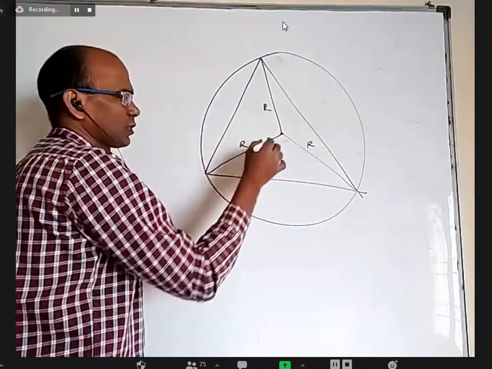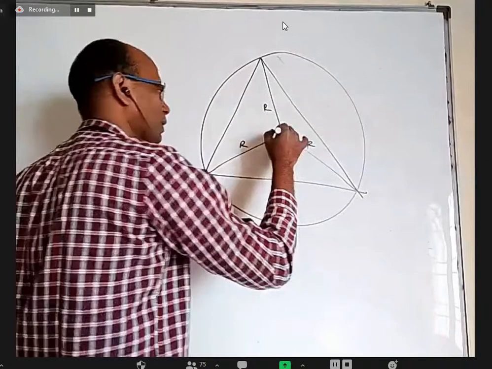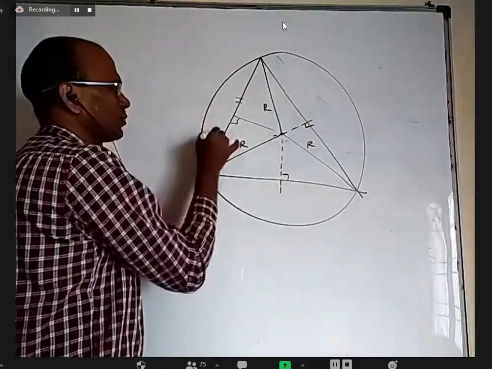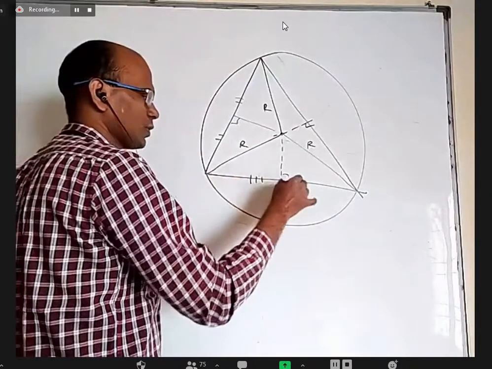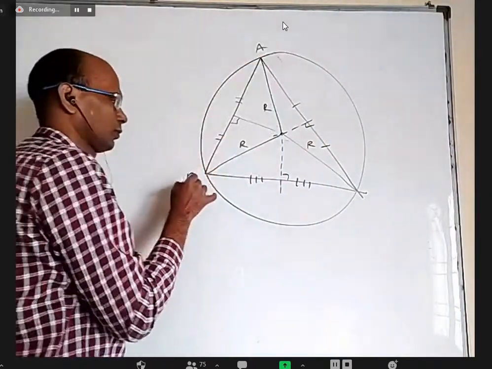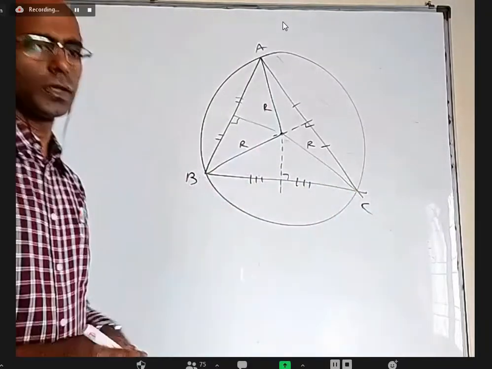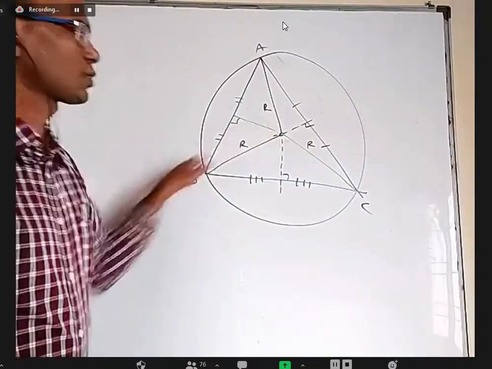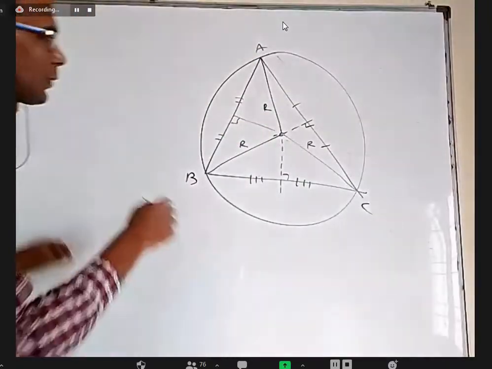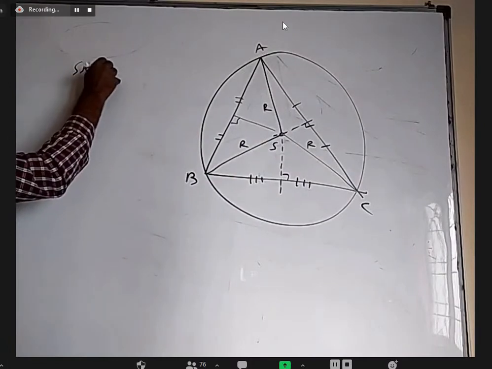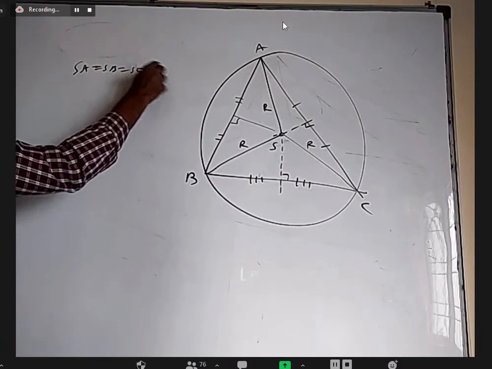We very well know this is the point of concurrence of the perpendicular bisectors, where this is a midpoint, this is also a midpoint, this is also a midpoint. Here also, from the circumcenter the distance to the vertices is known, all are capital R. Generally we call it S here, SA equal to SB equal to SC equal to R.